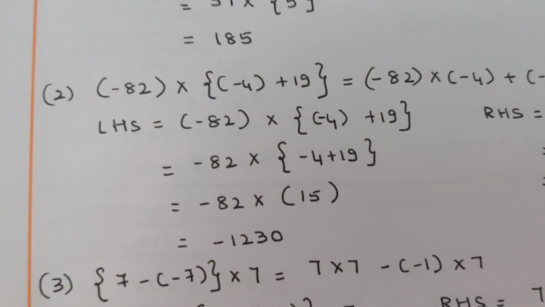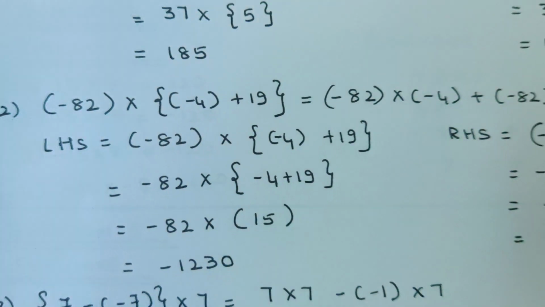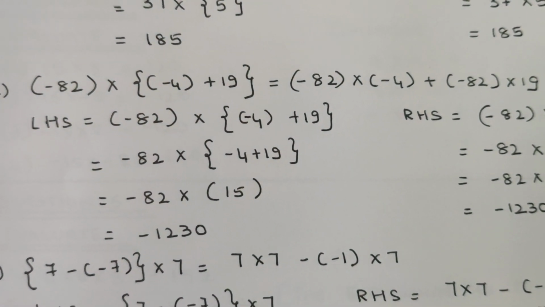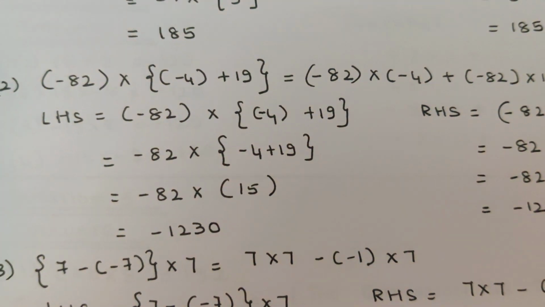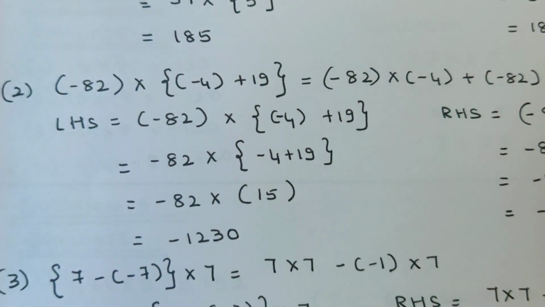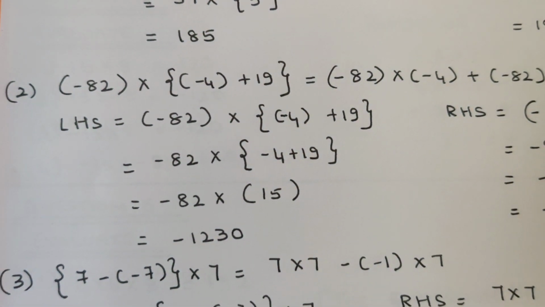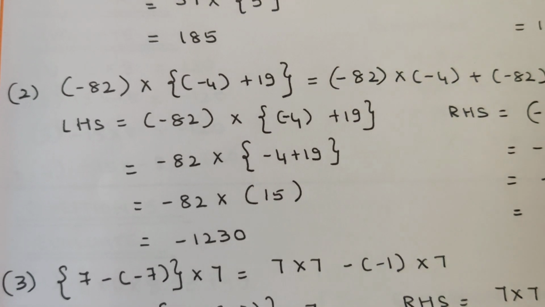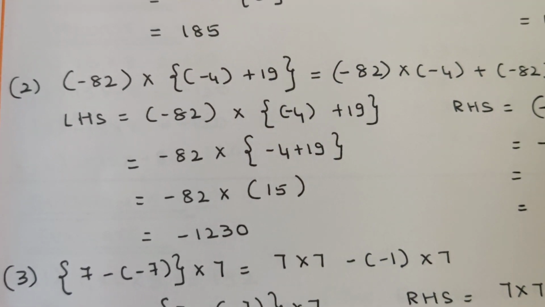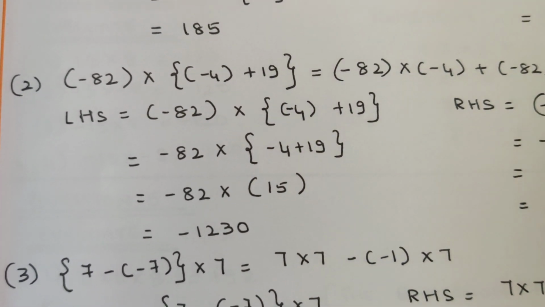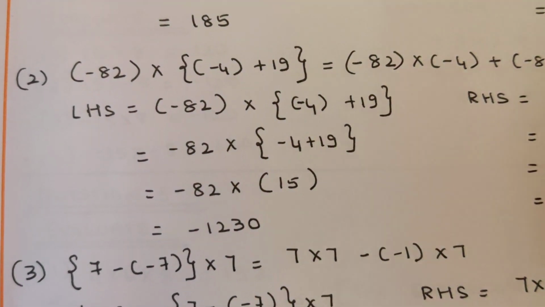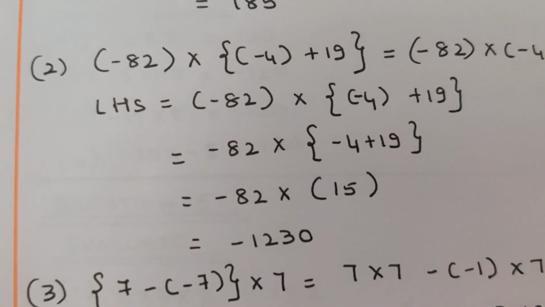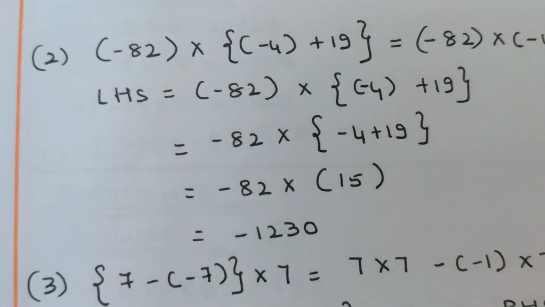Moving on to the second sum. So the second sum is also using parentheses and it is the same number, and again it is a distributive property. So again let's solve the LHS and the RHS and see what the answers are, and if both the LHS and the RHS are equal, we will say the problem is verified. I just pause for a minute to explain how I work the LHS.